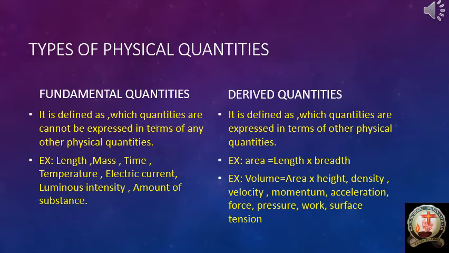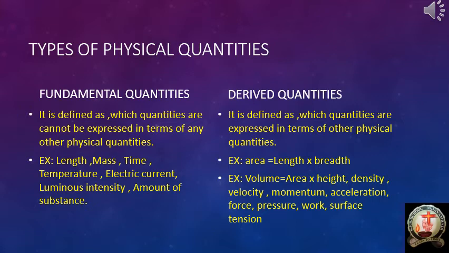The examples of these fundamental physical quantities are length. This is one example of a fundamental physical quantity. Why are we calling length a fundamental physical quantity? Because length is the basic physical quantity of any object. Correct. At the same time, mass. This is also one of the basic physical quantities.